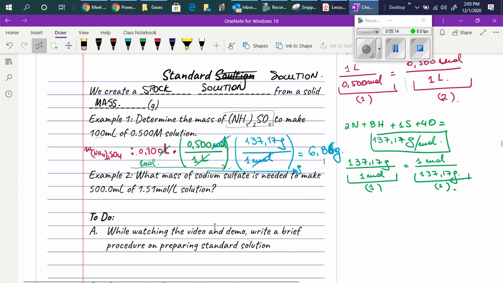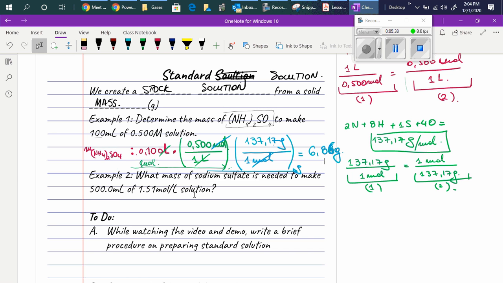We have sodium sulfate. When you're doing something like this, you always start with what they are giving you. Since we have molarity, we have a ratio.